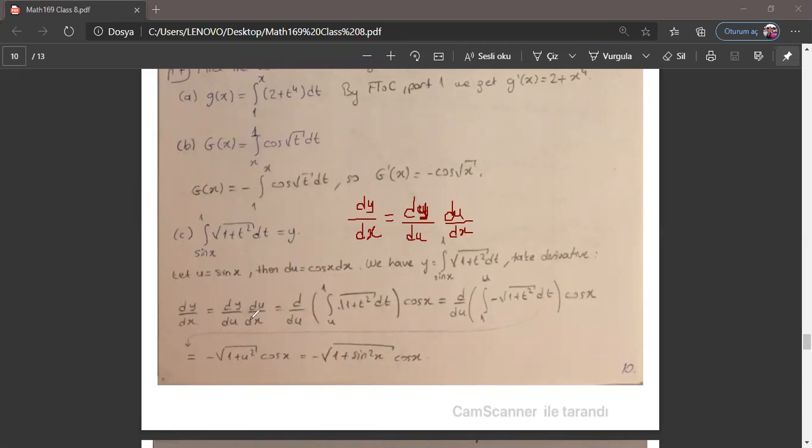It's the same. So here we have du over dx. From that part, we get cosine x. So du over dx is cosine x.